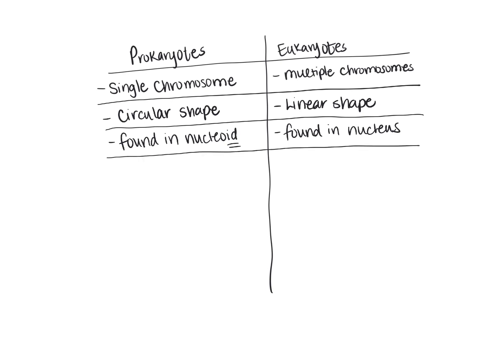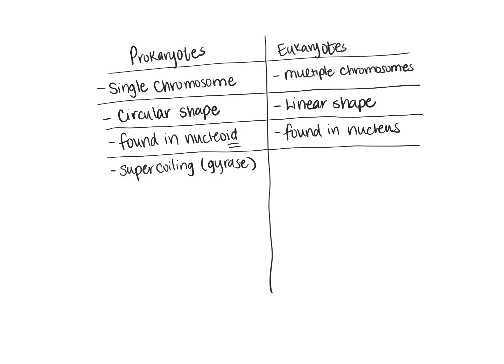Now, prokaryotes do undergo some form of organization for their chromosome. In other words, they do slightly package it. So in the case of prokaryotes, they do a process called supercoiling, and that's aided with an enzyme called gyrase.